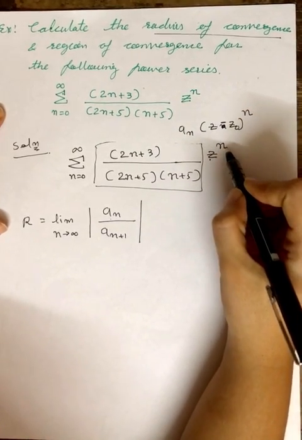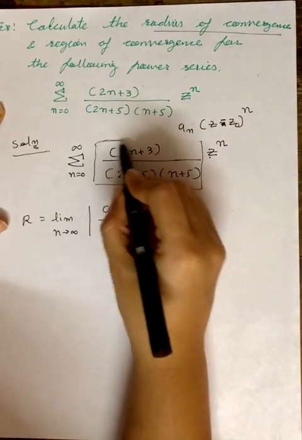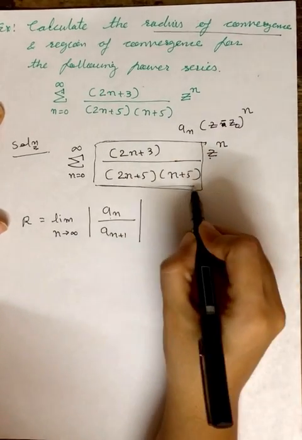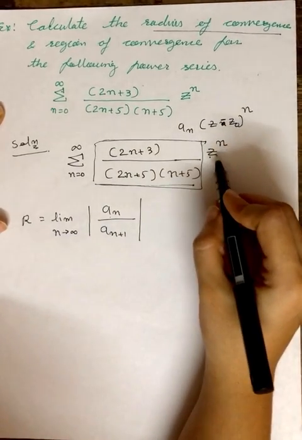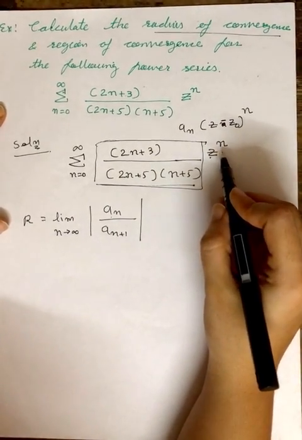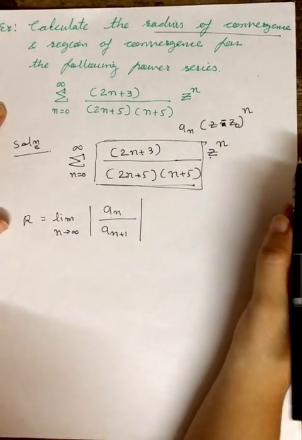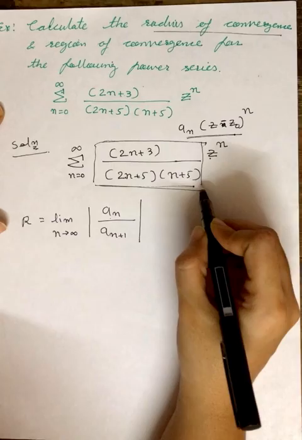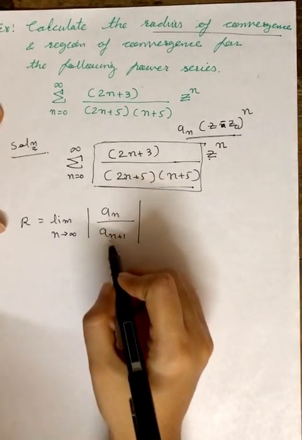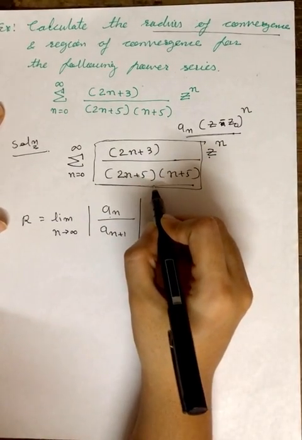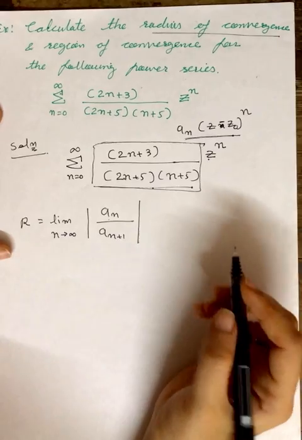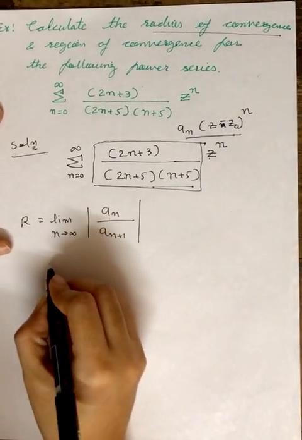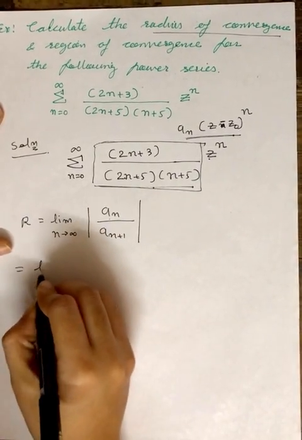So here it is z to the n, and an is this whole term. So it is an into z minus z0, which is 0 here, whole to the power n. This is how we define a power series, and we are given a similar structure here. So we will take the ratio of this an and an plus 1. Okay, so let us do that.